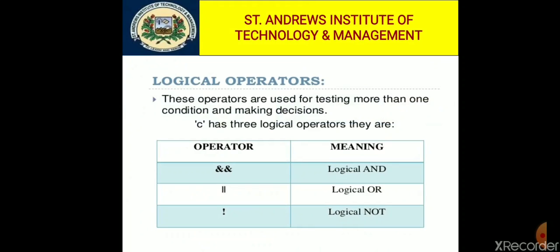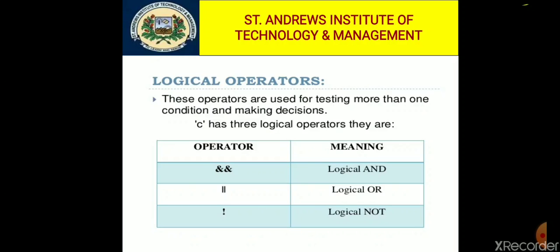Next one is logical operators. Operators used to connect two or more relational expressions to form a complex expression are termed logical operators. These operators are used for testing more than one condition and making decisions. C has three logical operators: logical AND, logical OR, logical NOT.